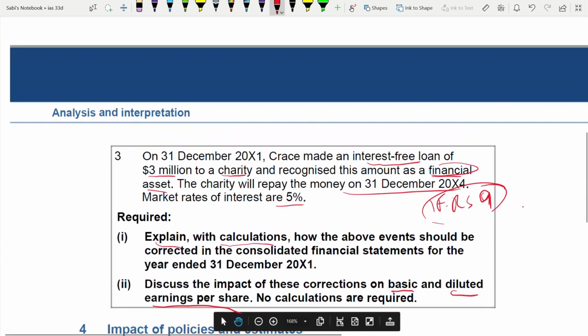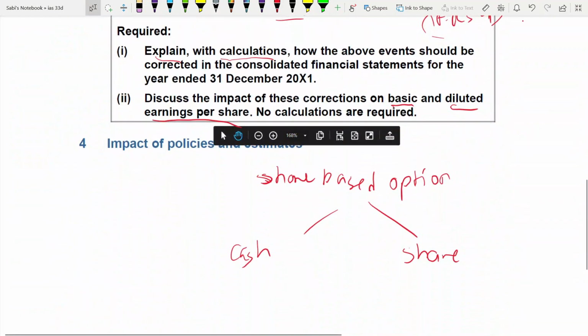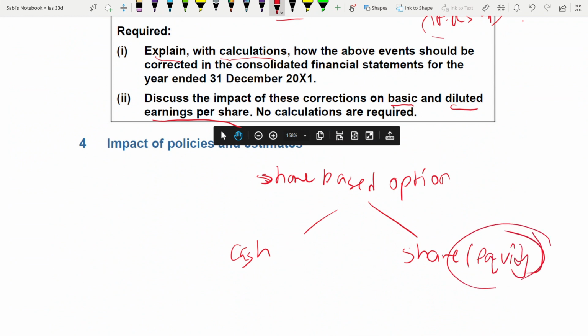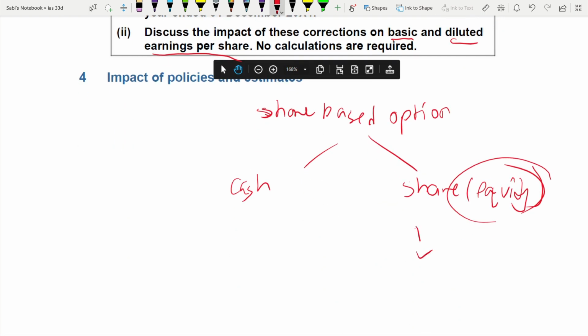So this first one is about shares. You're granting in shares. Nothing has been mentioned about cash. So this is share or equity, an equity settled share-based payment. When it's equity settled, a remuneration expense should be recognized in P&L.